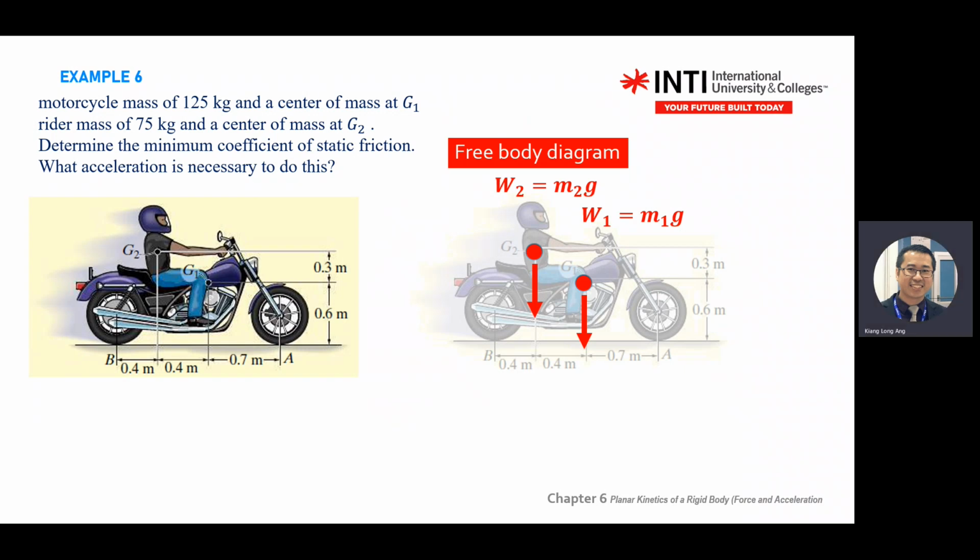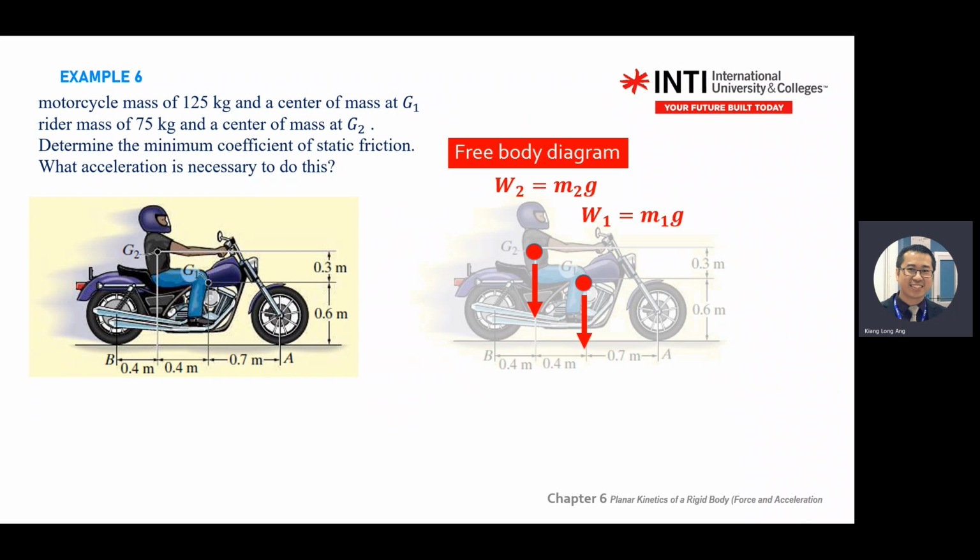You don't have it? That means the bike is flying in the air. So where is the N? Where's the location?